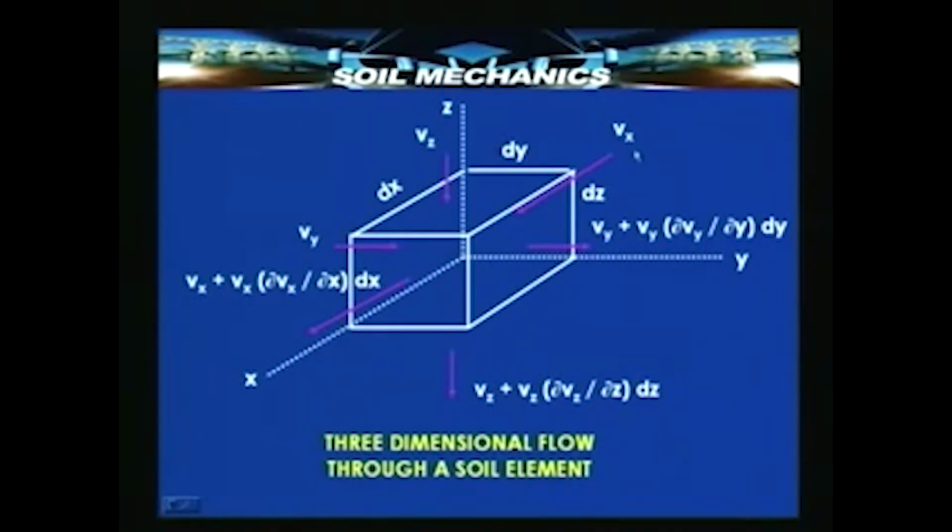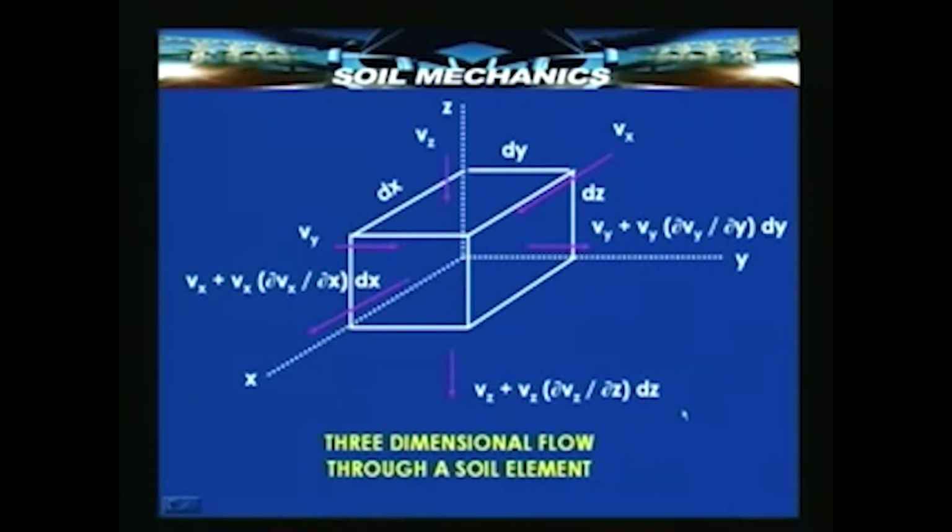So, in the x direction, if Vx is the inflow, Vx plus Vx into rate of change of Vx in the x direction into the distance dx over which the change is taking place, that becomes the outflow. Now if you take y direction, Vy is the inflow, Vy plus this into dy becomes the outflow, and for the z direction this is inflow and this is the outflow.